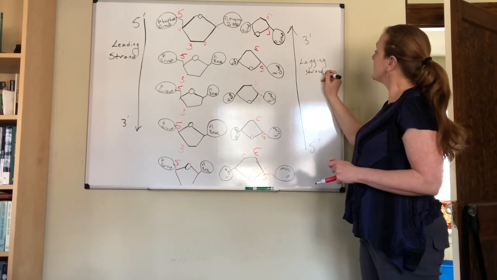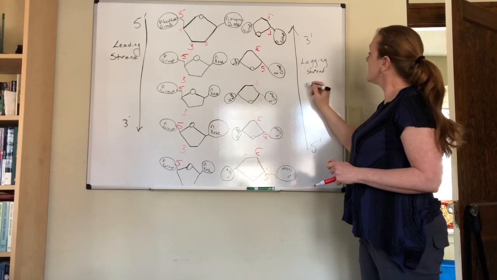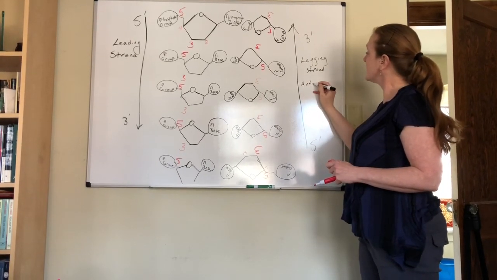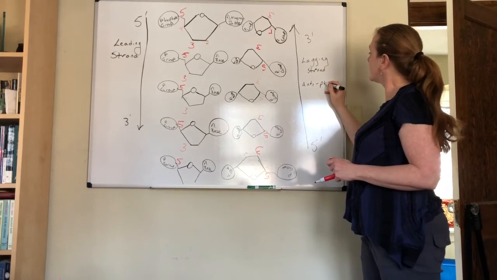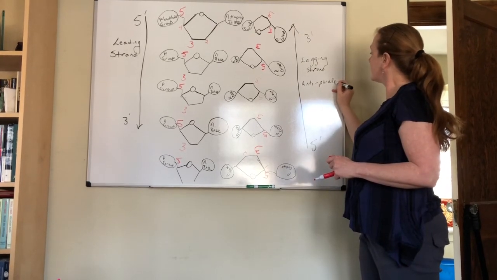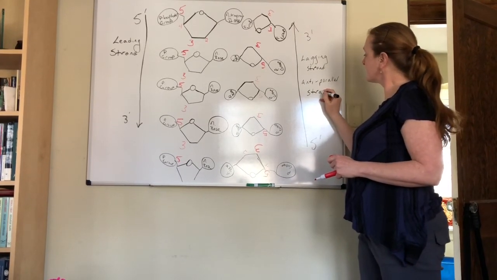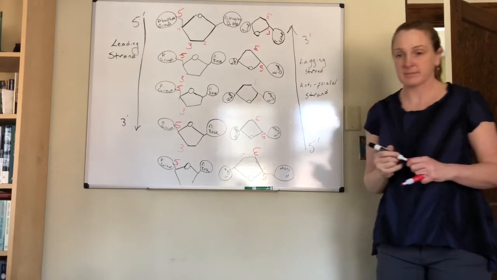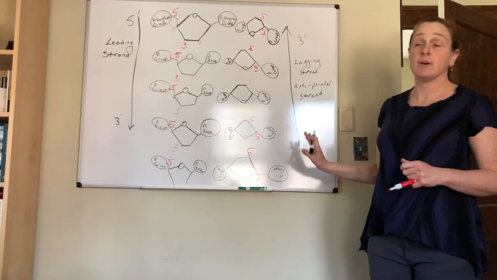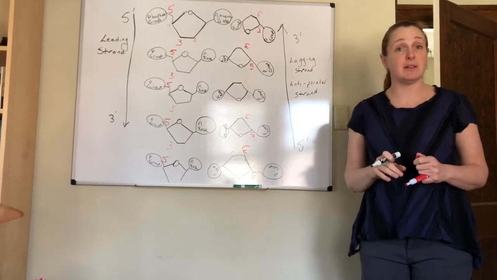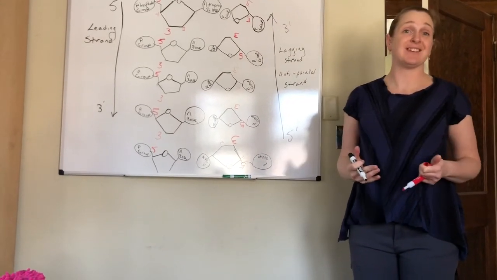And the other term that we see associated with this is the anti-parallel strand. So here we have one DNA molecule that we have built and we have made.